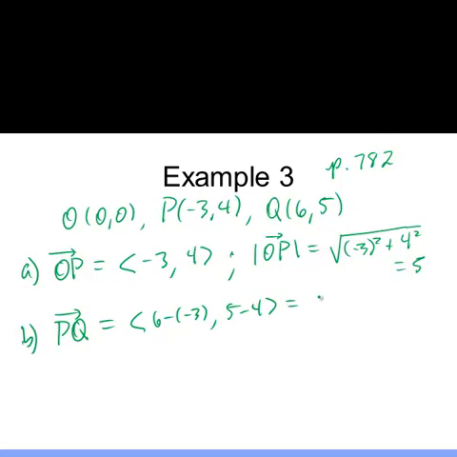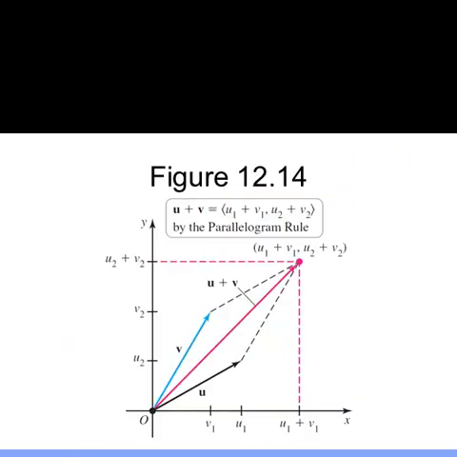So that's going to give us the vector 9, 1. And then the magnitude of PQ will just be the square root of 9 squared plus 1 squared, which is the square root of 82. Whatever that is. It's just a number. Moving along here.